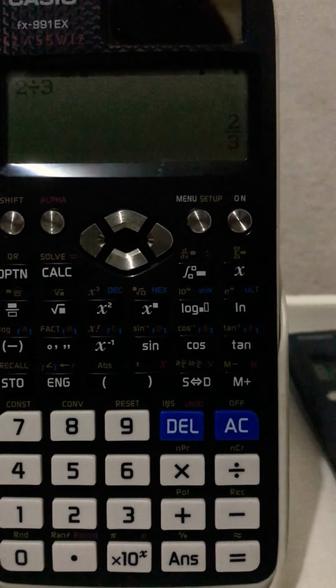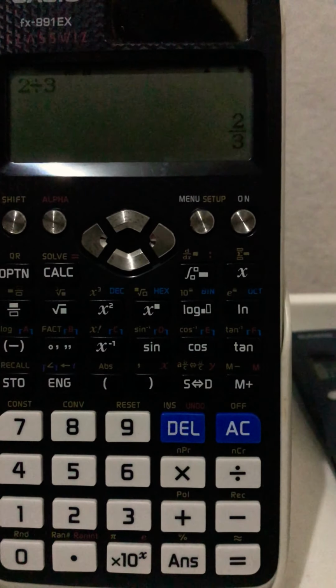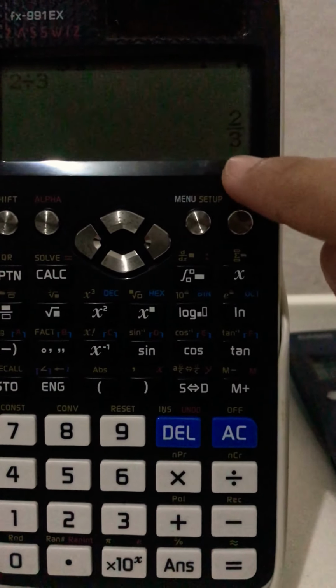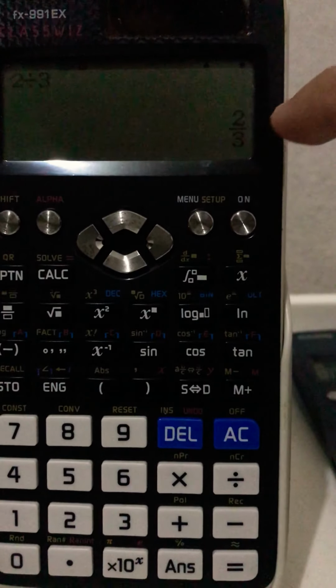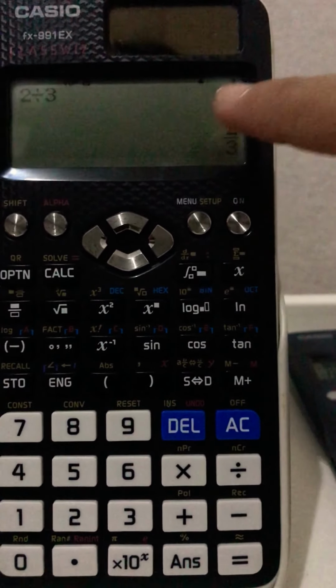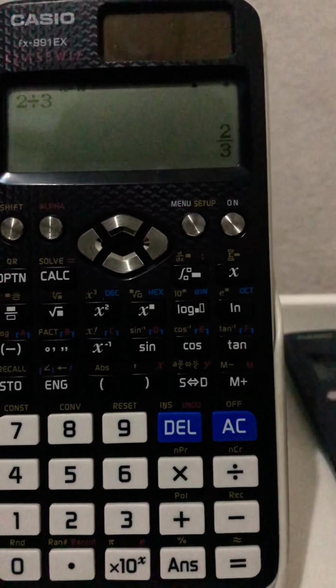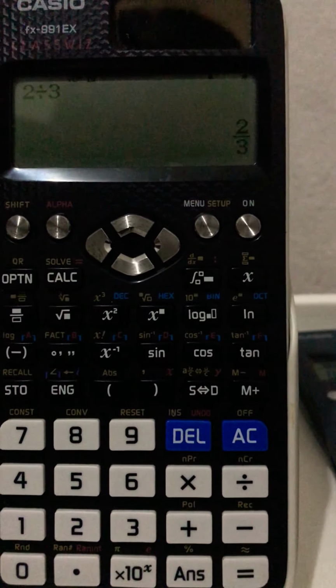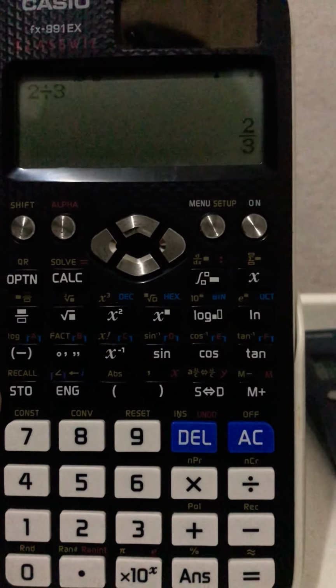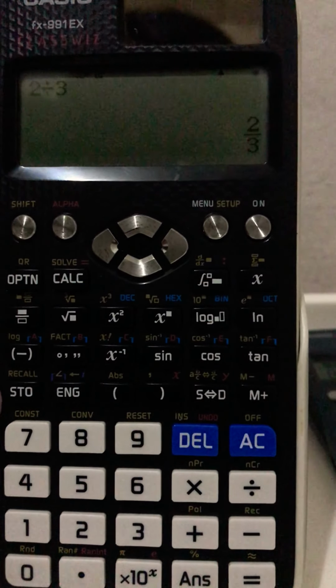Now there are times that a teacher would prefer the fixed fraction mode because we are not to round off any figure, but there are times that the teacher would prefer a rounded off figure. So let's learn how to play with the calculator to be friends with fractions.